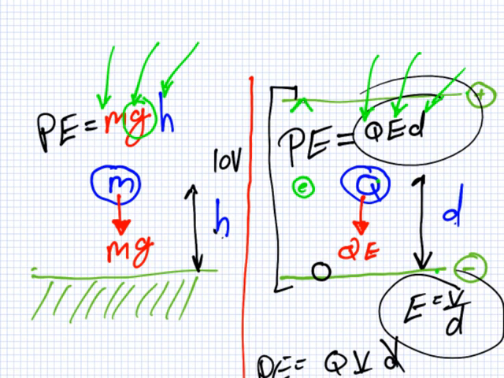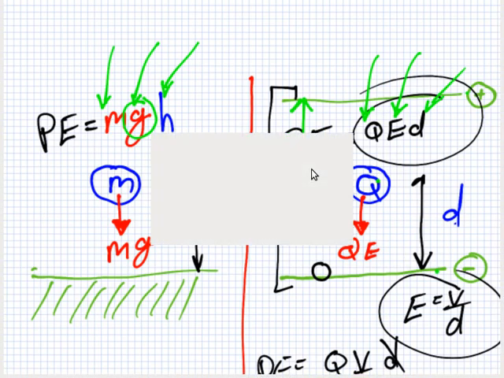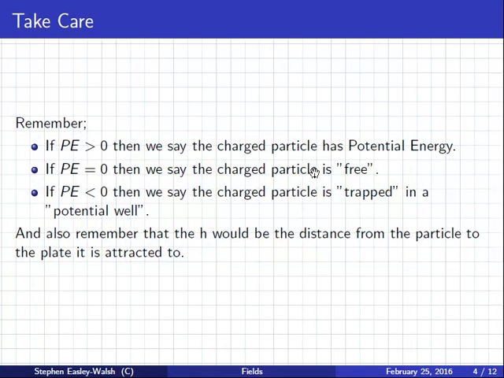So the height would be this to use. Towards the plate it's attracted to. So remember, the height is the distance from the particle to the plate it's attracted to, not the distance between the plates. Well, it could be the distance from the plate, if it starts at the wrong plate and it's pushed to the other one, yeah.